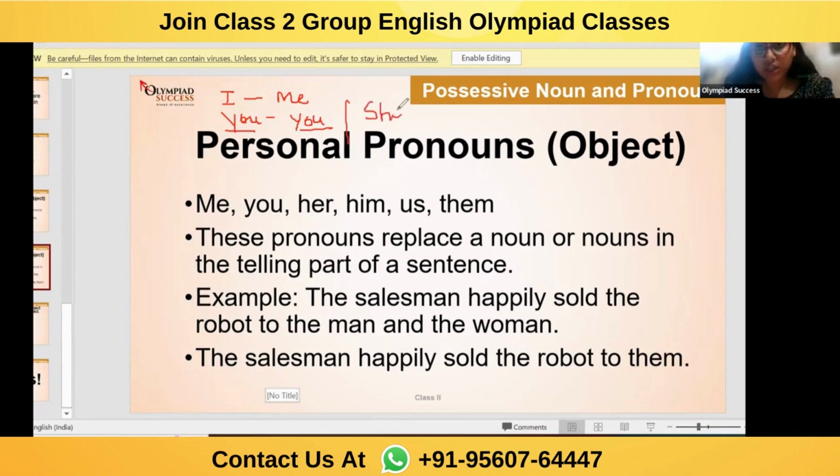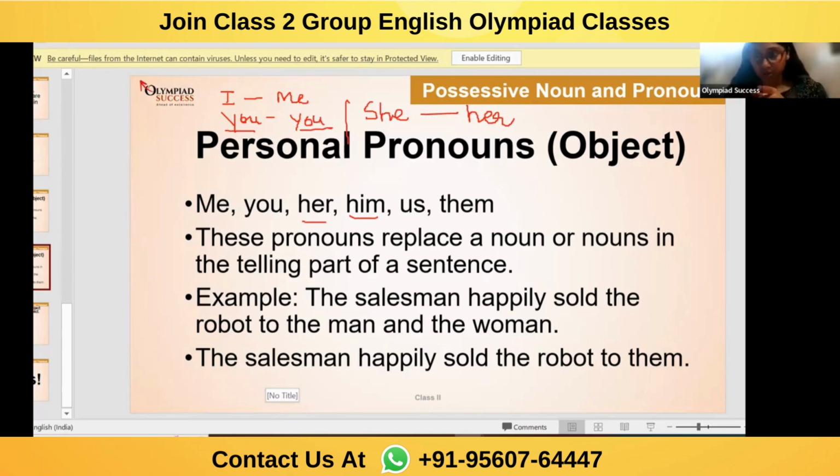For she, subject, which object do we use? She and her. Her. Very good. Your? No. Your is a possessive pronoun. For example, Nisha's book is a possessive noun.